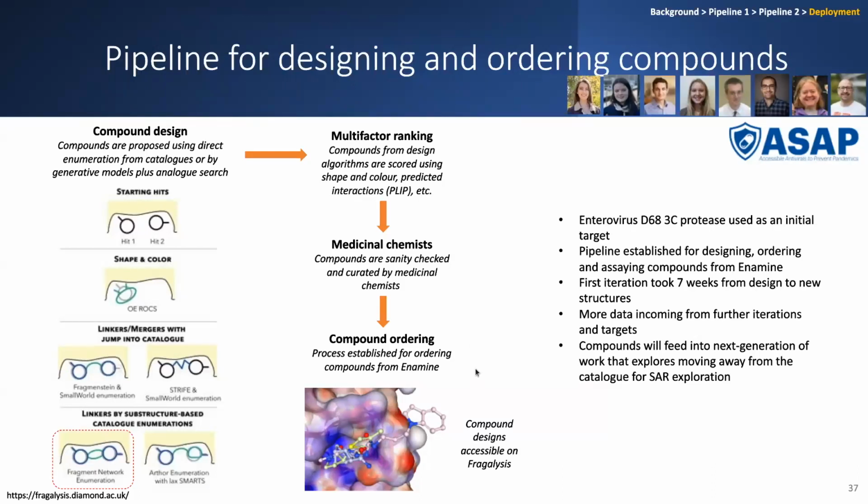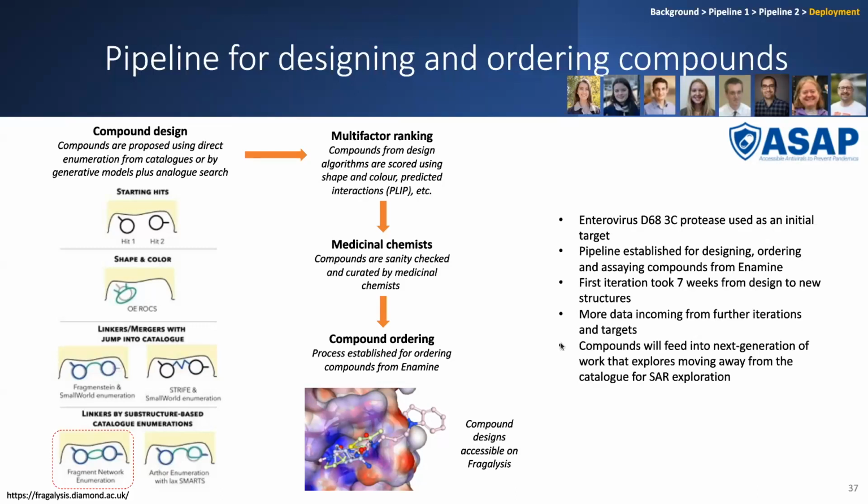We established a process for this with a few design iterations for this protease, and the compounds are then ordered from Enamine, and then further screening is performed on them. And then these compound designs are put onto Fragalysis, which is the online platform where this fragment screening data is available.